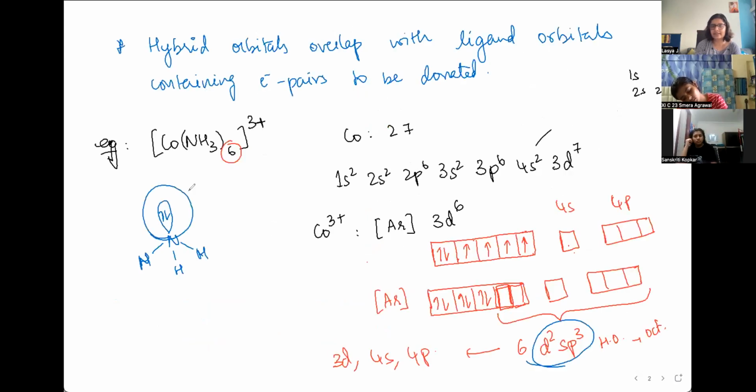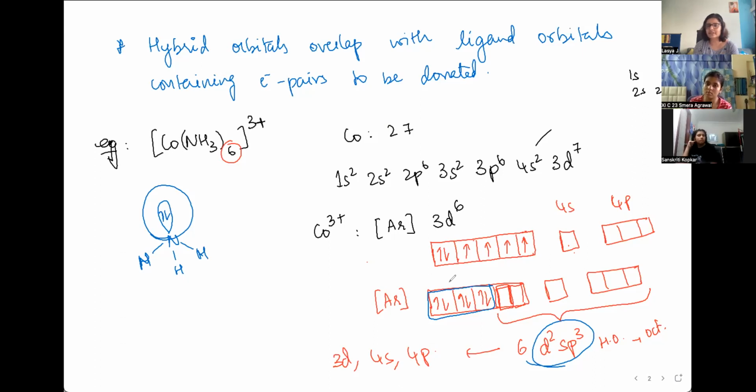So in this case, if you take this hexaamine cobalt complex, it's not going to show any magnetic moment because all its electrons are paired up. On an experimental basis, they figured out that it doesn't have any unpaired electrons, all its electrons are paired.